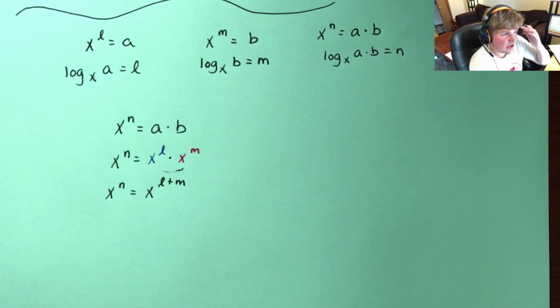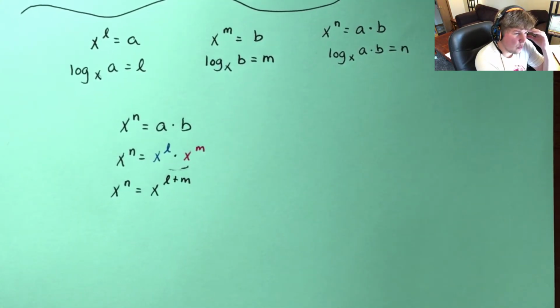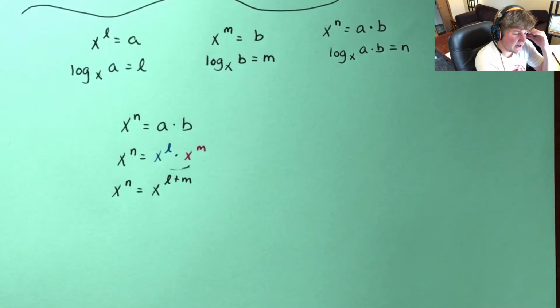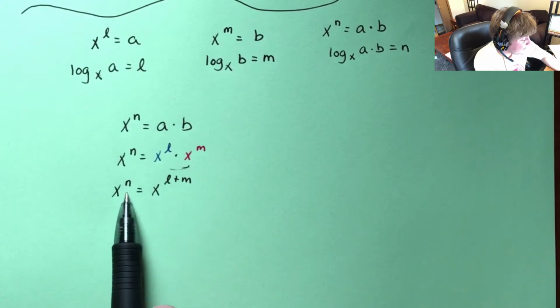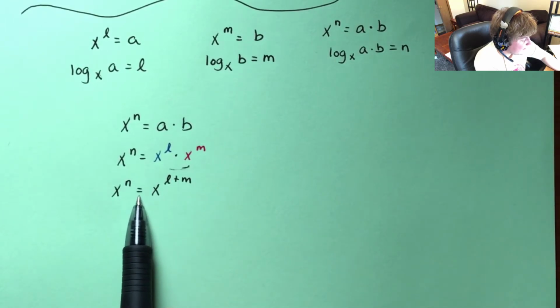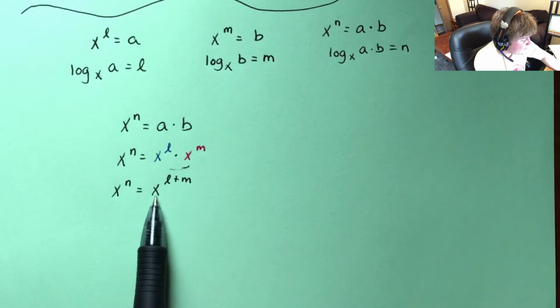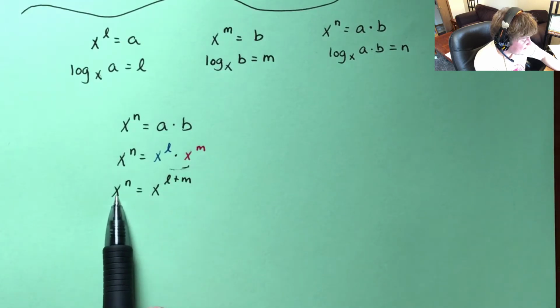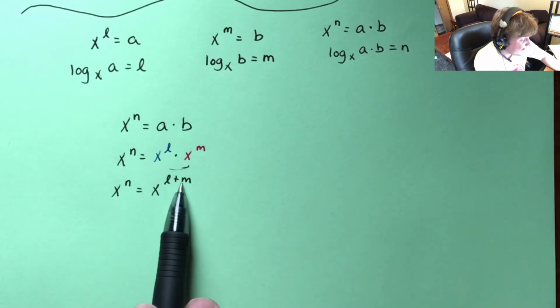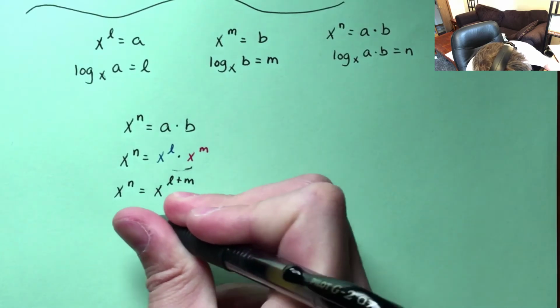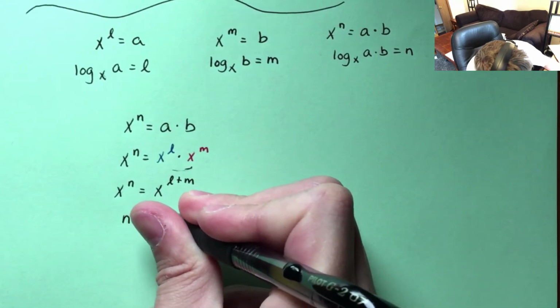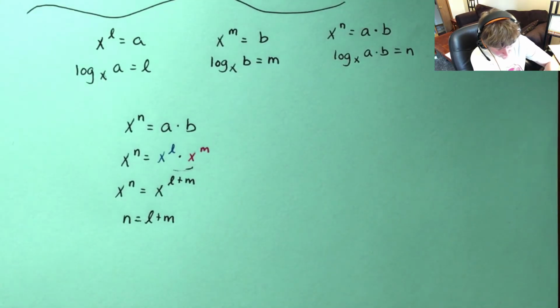So I have one base x, they're equal to each other, and they're being raised to a power. So x to the n power is equal to x to the L plus m power. If I'm raising the same number to a power, these exponents are going to have to be the same. So now I know that n is equal to L plus m.